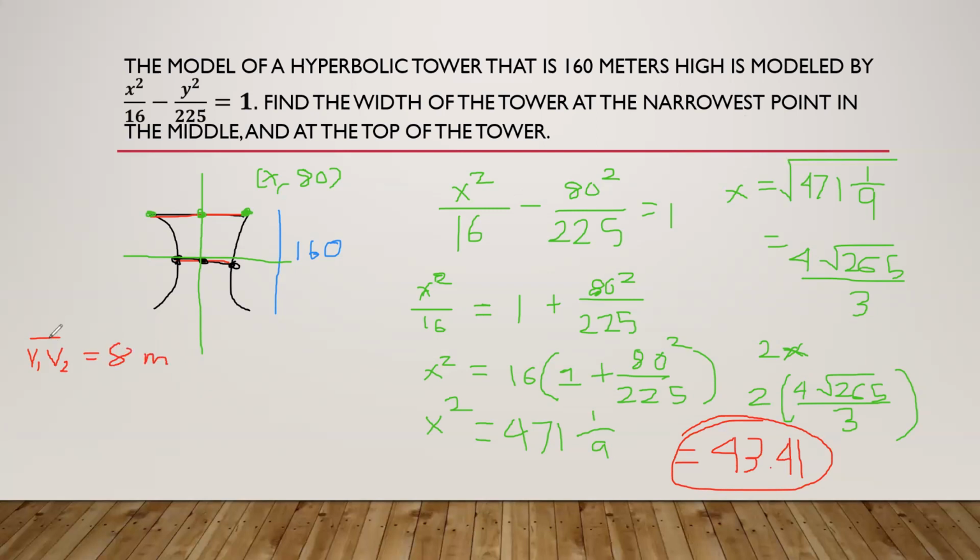So this refers to the width at the narrowest point in the middle. Then at the top of the tower, that is 2x, which is roughly 43.41.